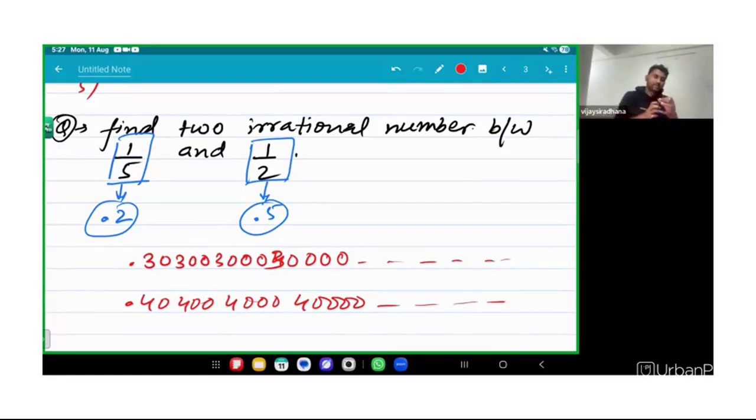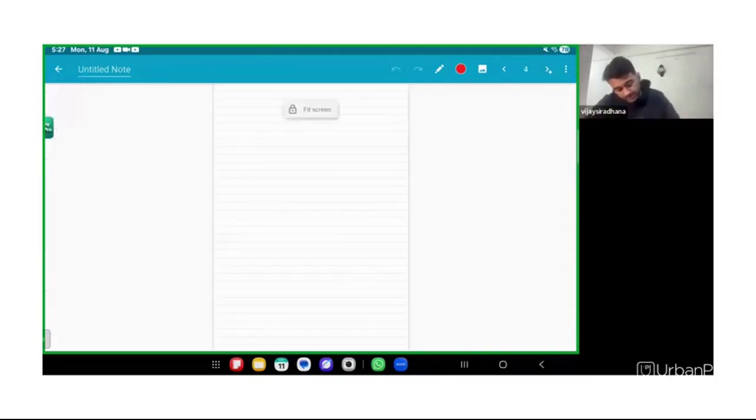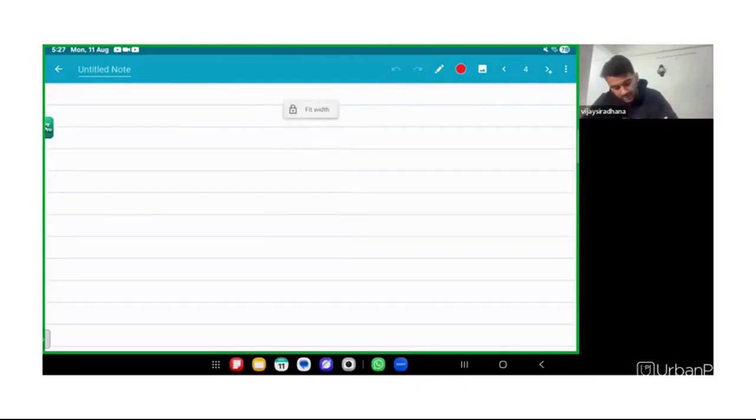And the last thing: if you combine rational numbers and irrational numbers, you get what is known as real numbers. This is the last heading: what do you mean by real numbers?